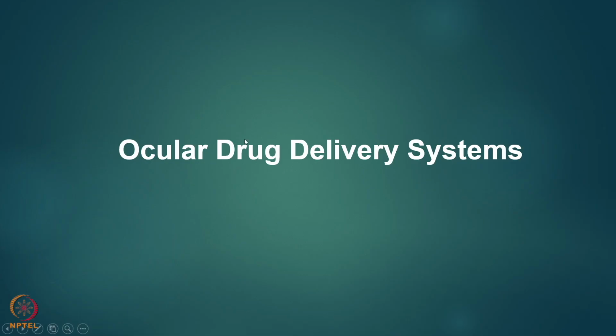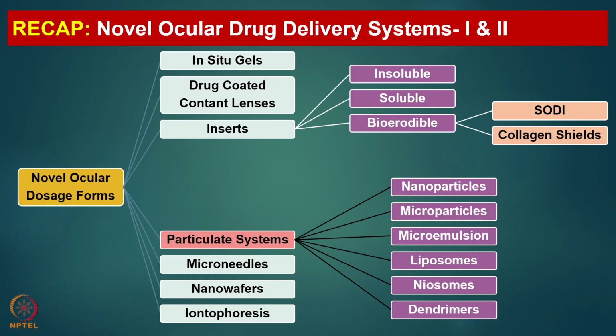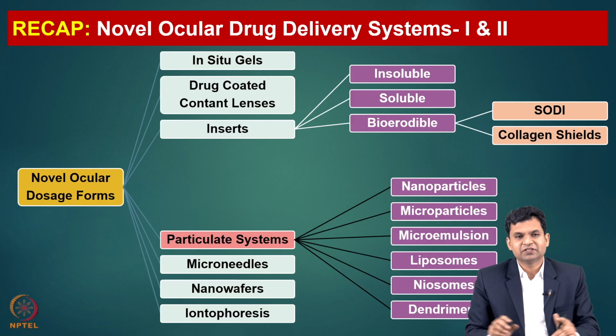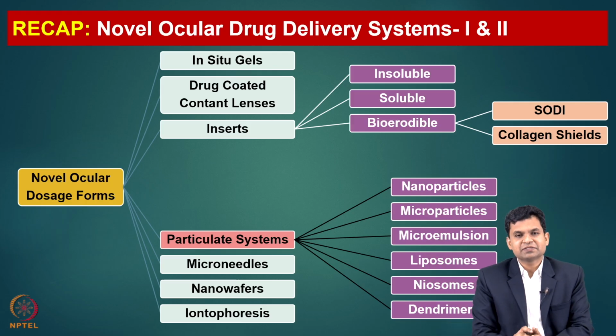In our novel drug delivery systems, we started with the topic of ocular drug delivery systems. In our previous sessions, we have learned what ocular drug delivery systems are, and then we have seen the importance and application of the various drug delivery systems, and what the conventional ocular drug delivery dosage forms are.